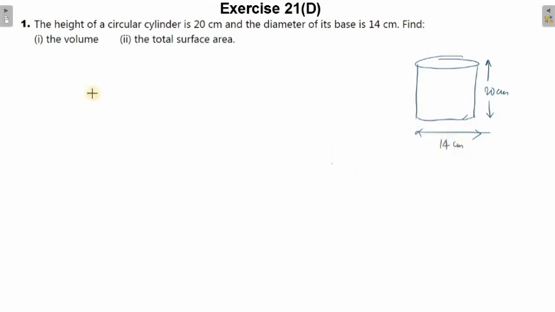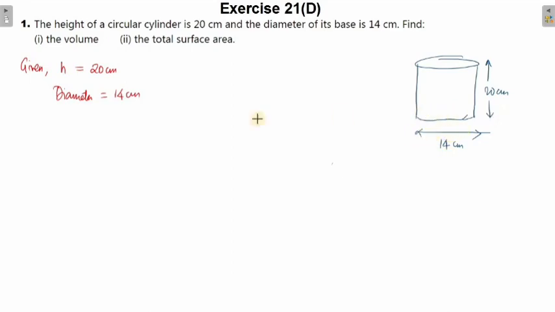So this diameter is given to be 14 centimeter. Now whatever is given, let me just note them down. Height, we represent height as h. So h is given to be 20 centimeter, and it is given that diameter is 14 centimeter. Now all of you know this diameter is double of radius, isn't it?